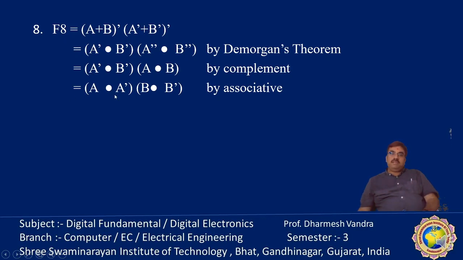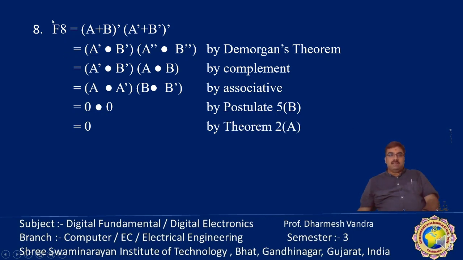A variable ANDed with the complement of itself, its result is always 0. Because if A is 1, A dash is 0. If A is 0, A dash is 1. So 0 ANDed with 0, the result is 0. So always the output of this function is 0, whatever the value of A or B. It is not dependent on the value of A dot B.